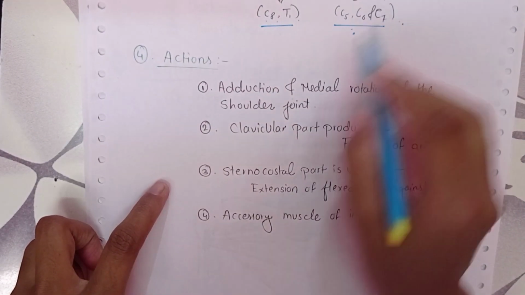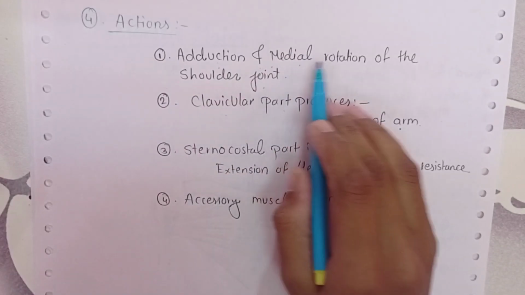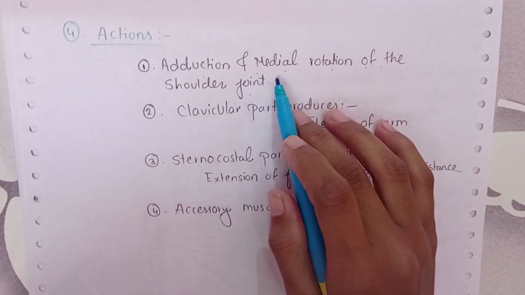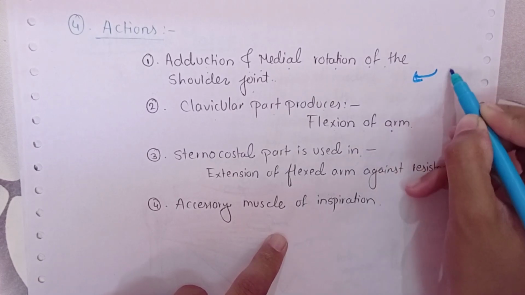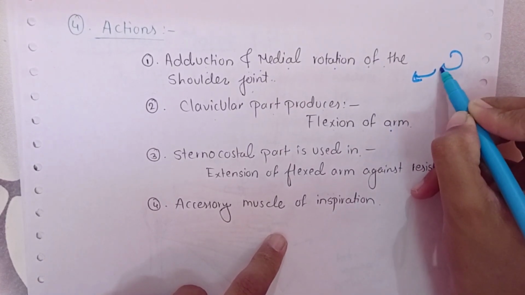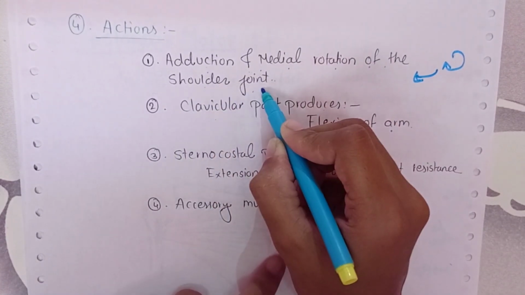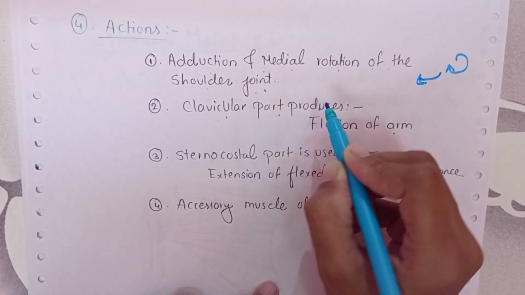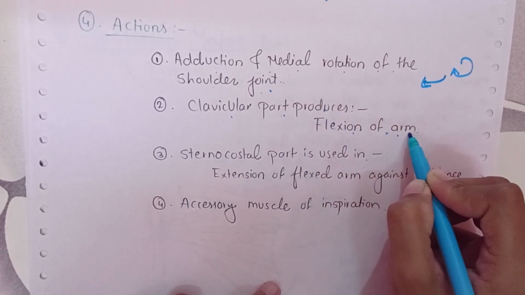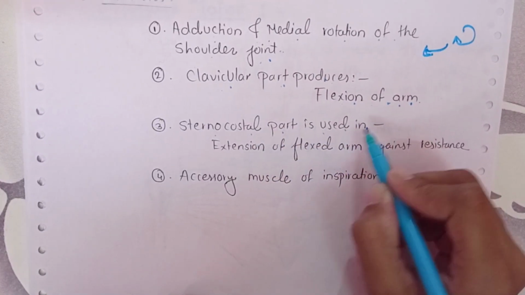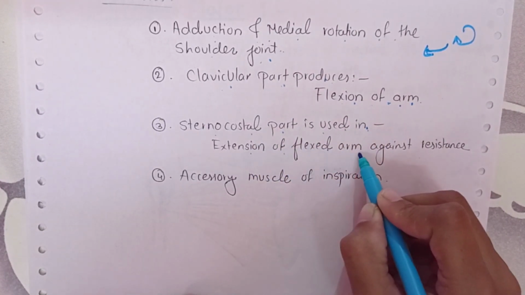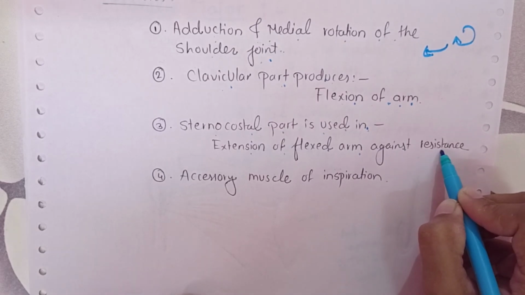Now what are the actions? Adduction and medial rotation of the shoulder joint. The clavicular part produces flexion of the arm. The sternocostal part is used in the extension of the flexed arm against a resistance.